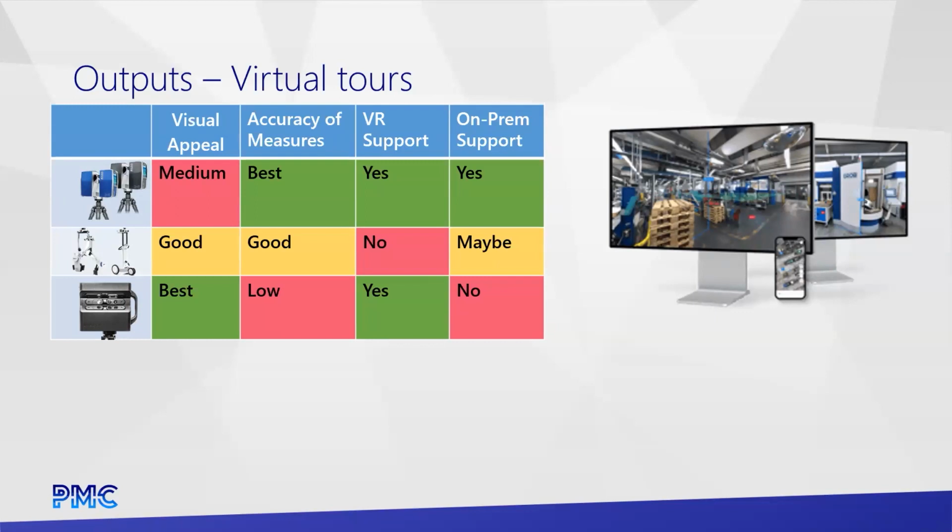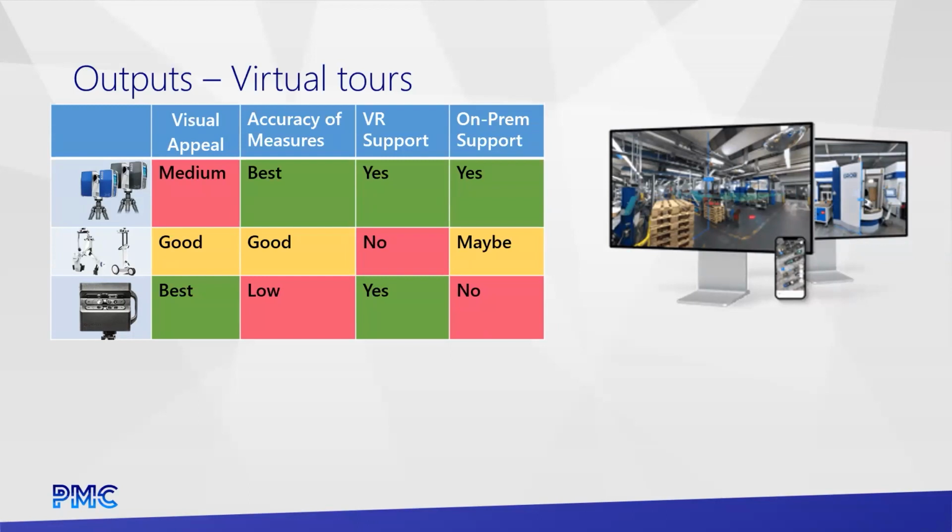Okay. You can see from here, right? Most of these are now cloud only solutions for hosting. So if that's a problem for you, you have to consider that. Some can support VR, some don't. Some have different levels of measured accuracy. However, I will say in general, no virtual tour provides very good measured accuracy in comparison to CAD.